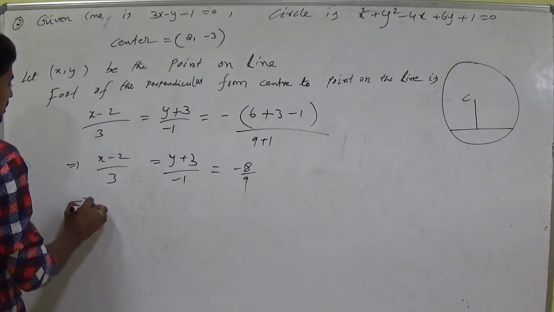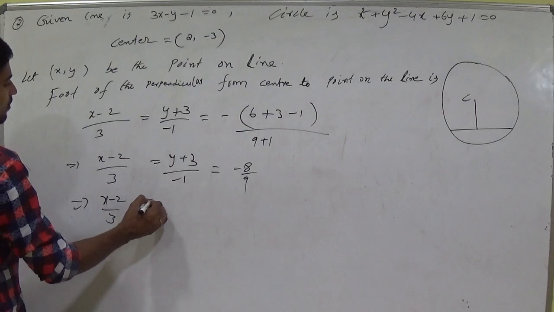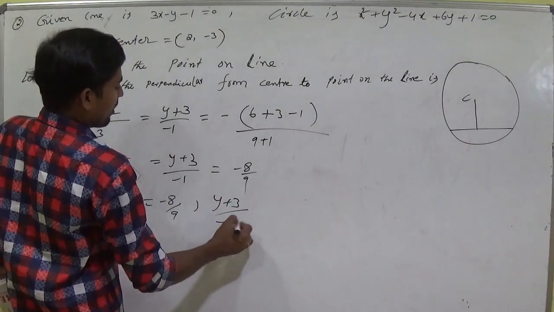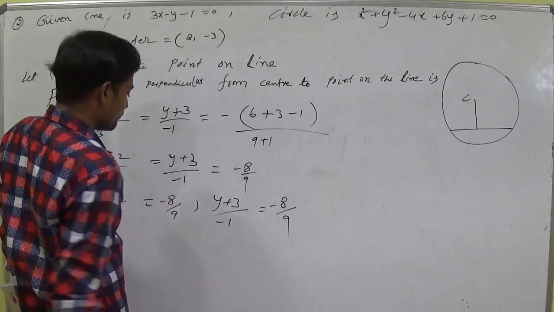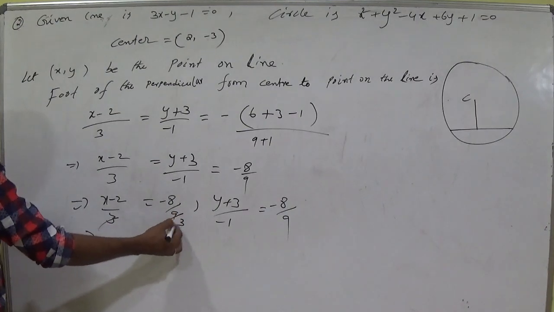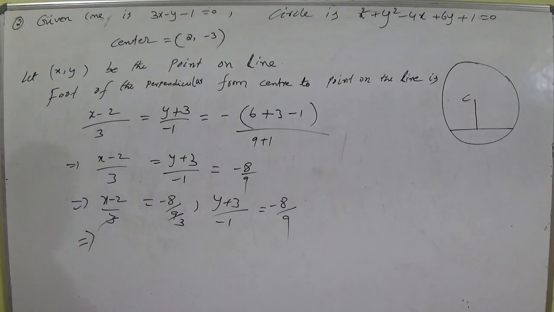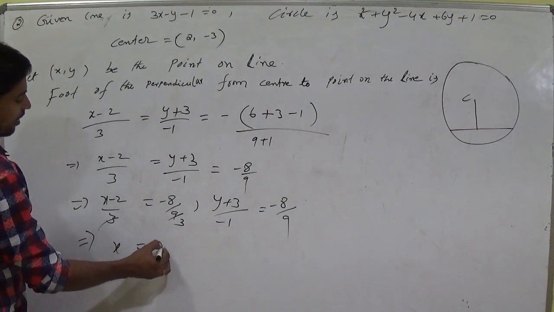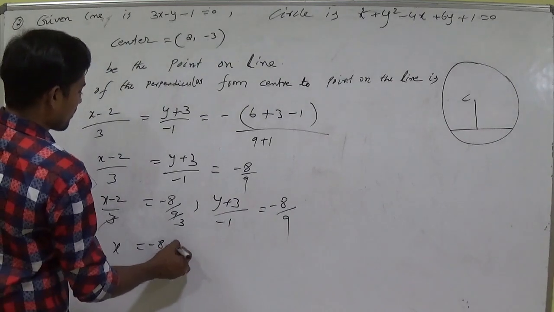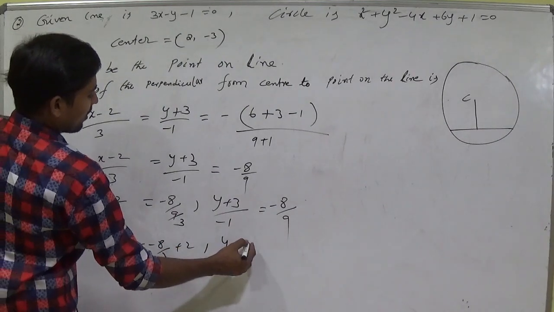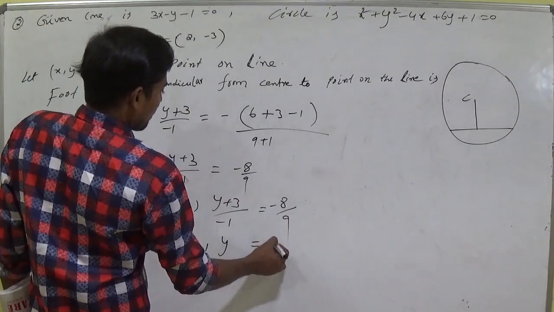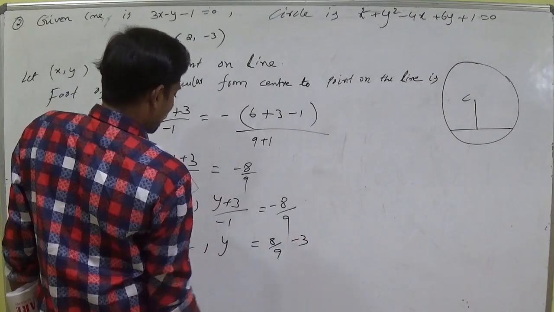So (x minus 2) by 3 equal to minus 8 by 9, (y plus 3) by minus 1 is equal to minus 8 by 9. So this implies x equal to minus 8 by 3 plus 2, y equal to 8 by 9 minus 3.